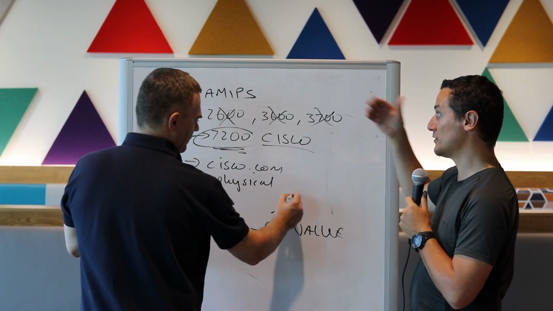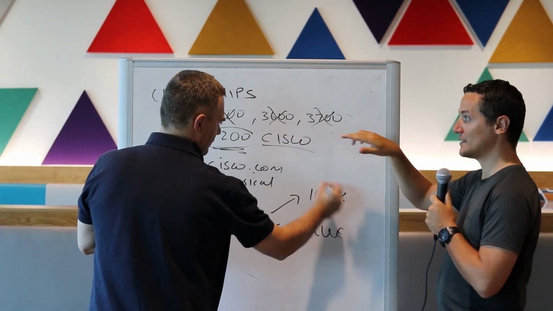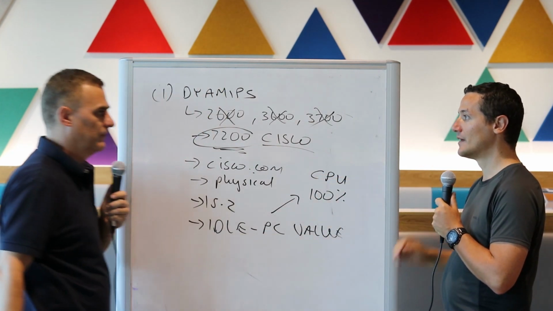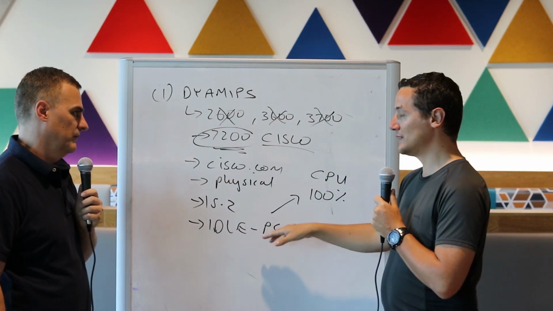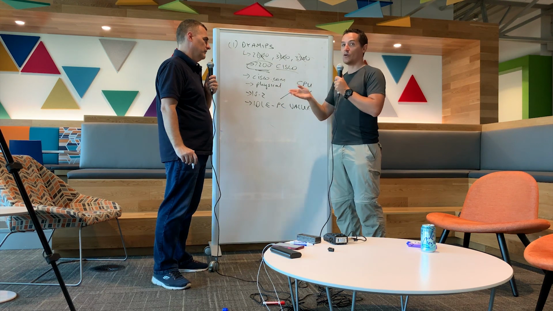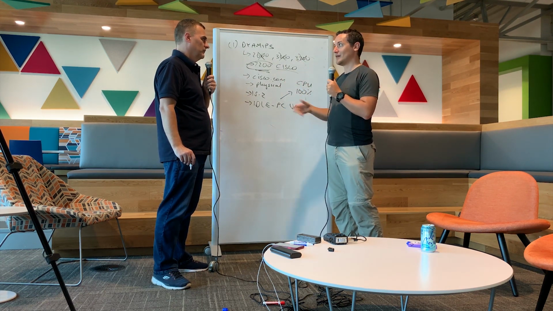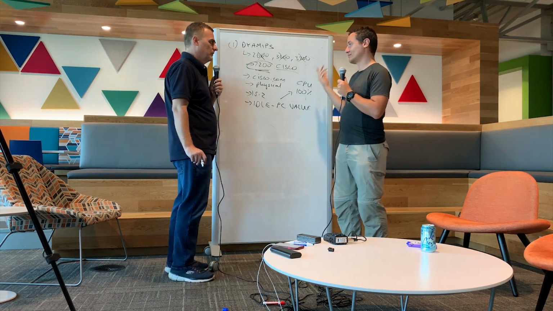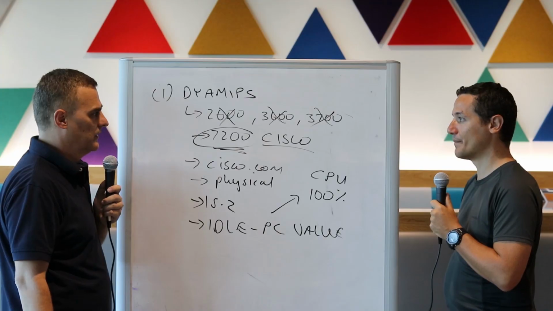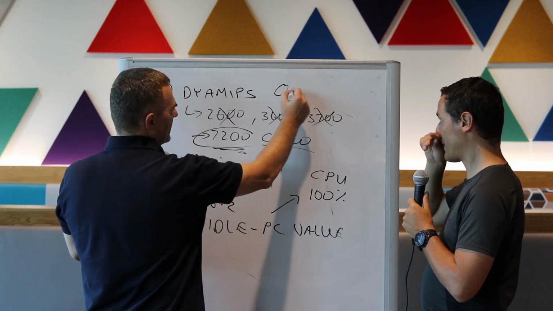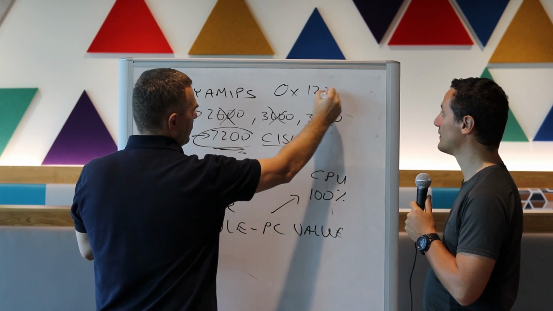Dynamips does not know when the IOS does not do anything. That value basically tells Dynamips that the Cisco IOS is not doing any instructions, it's not running BGP and 100 other things. It's like a hexadecimal value, isn't it? Yes, that's 0x, 1, 2, 3, 4, whatever it is.